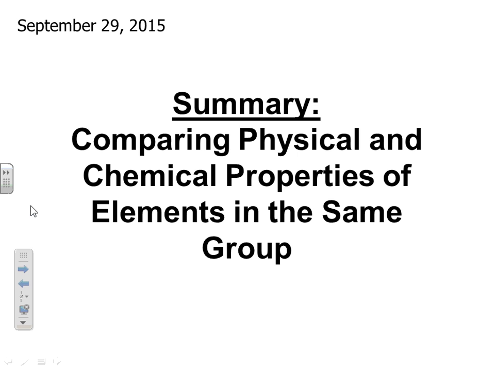Then we did an experiment where you observed the physical properties of some of those elements, and then the chemical properties when we reacted them with water. I'm hoping you come to the conclusion that elements within the same group have similar chemical and physical properties, all right? And the reason behind that has everything to do with their outer electrons.